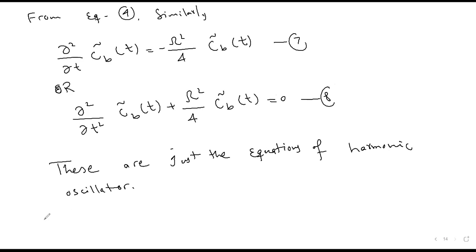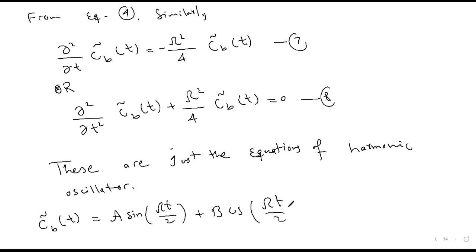Say for example for equation number 8, the solution will be like Cb tilde of t equals A sine omega t by 2 plus B cos omega t by 2, where A and B are constants and they can be found from the initial conditions.